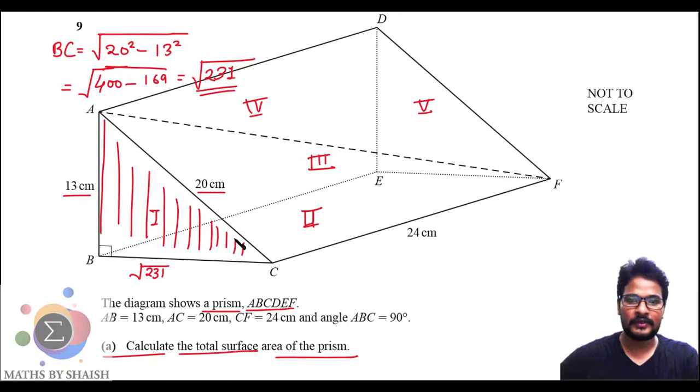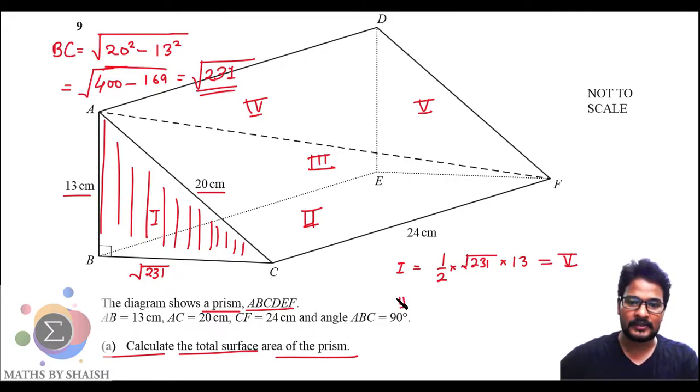And then we can calculate the areas, because we got all the sides now, because this is 24, this is also 24. So the total surface area is the area of the first, that is the area of the triangle, half into base into height. Base is root 231, height is 13. This is the same as the area of the fifth face, because this is a cross section, and they are going to be the same in the prism.